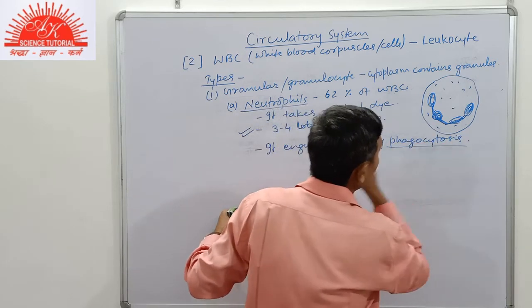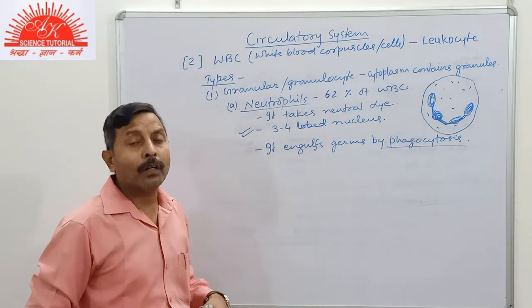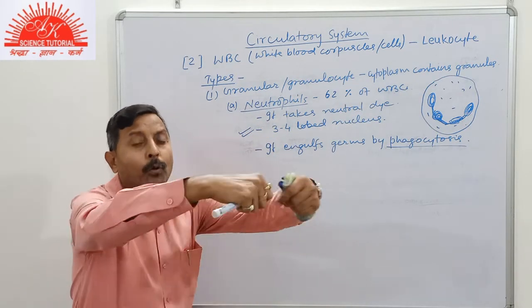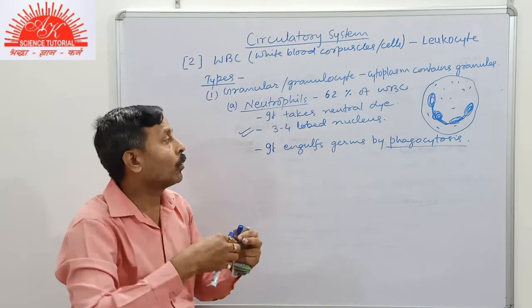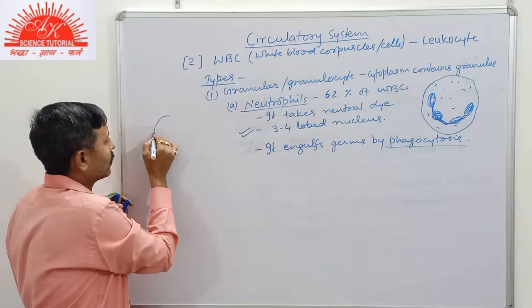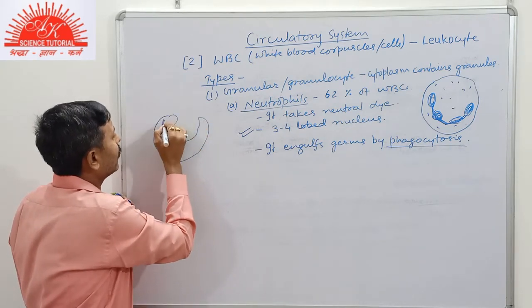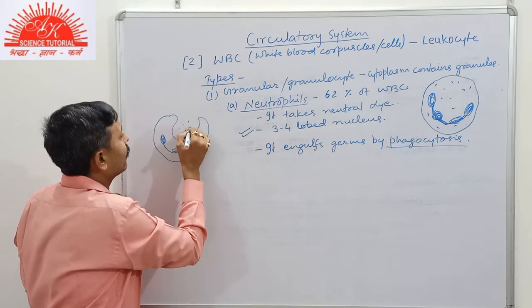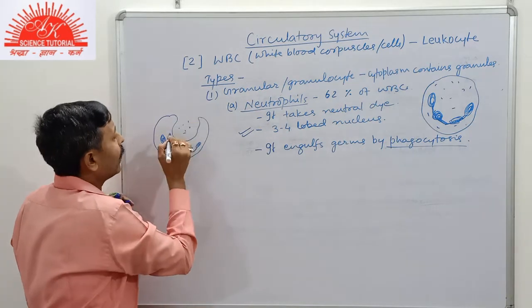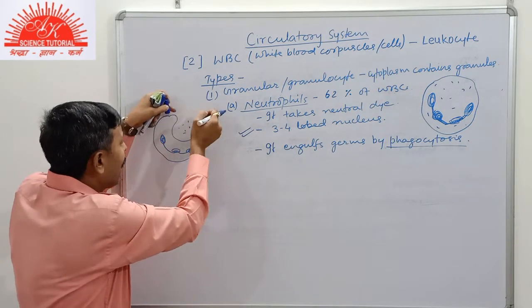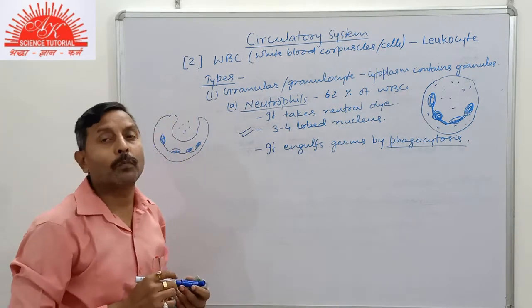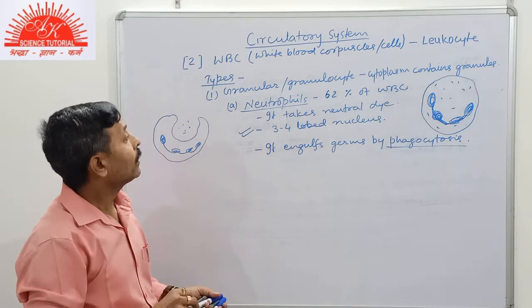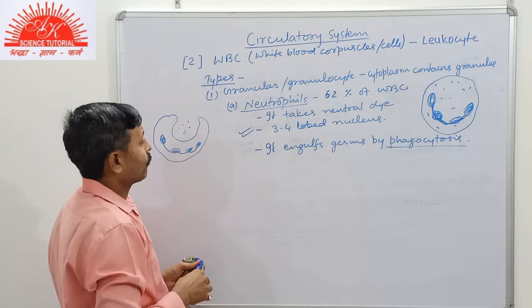That is the process of engulfing germs by developing pseudopodia around it is known as phagocytosis. Like you see, suppose here is the WBC and here is the germs. Now this is the pseudopodia, so it surrounds it and then finally engulfs where it will be destroyed. So this is the neutrophil.